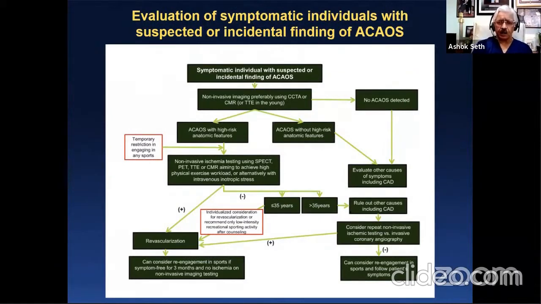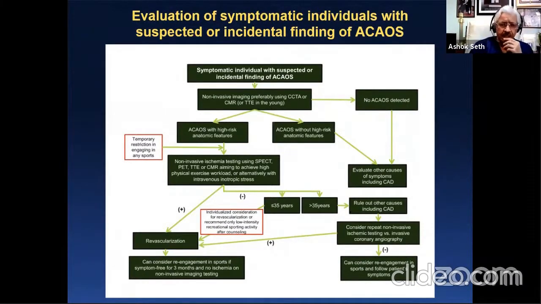And I would therefore say that one does divide it into young people. Asymptomatic right coronary artery arising from the left sinus, absolutely no need to do anything. In those less than 35 years, one may want to do an exercise evaluation, perhaps to document ischemia.